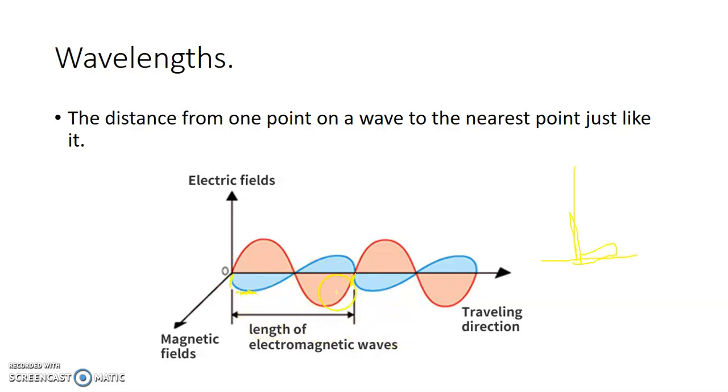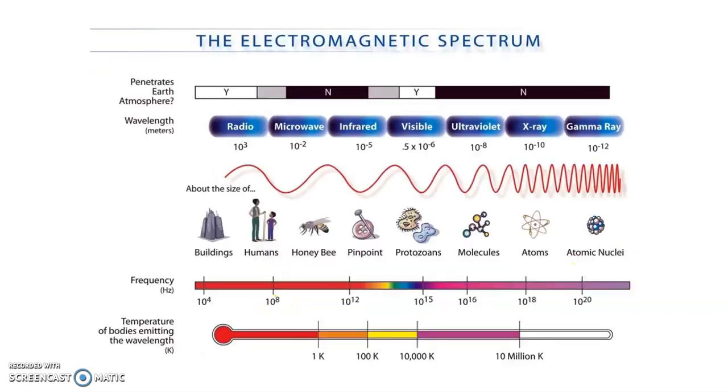Why is it important to know this? Because this has relation with the electromagnetic energy that we can see. Here we have an image that is presenting a lot of things. The first thing it shows is whether a wave penetrates our atmosphere. Radio waves penetrate the Earth's atmosphere, but there are some others that don't.